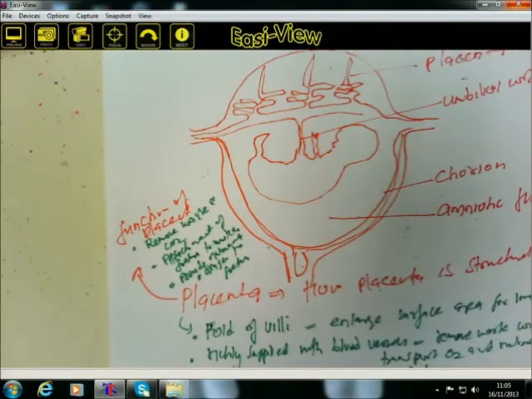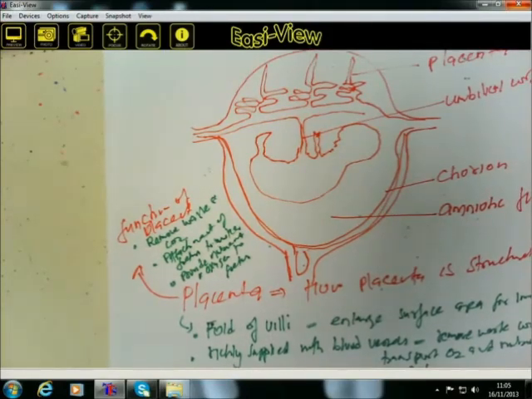It also has blood sinuses. These blood sinuses are there to separate the blood of the mother and that of the child, and to bring them into close contact.